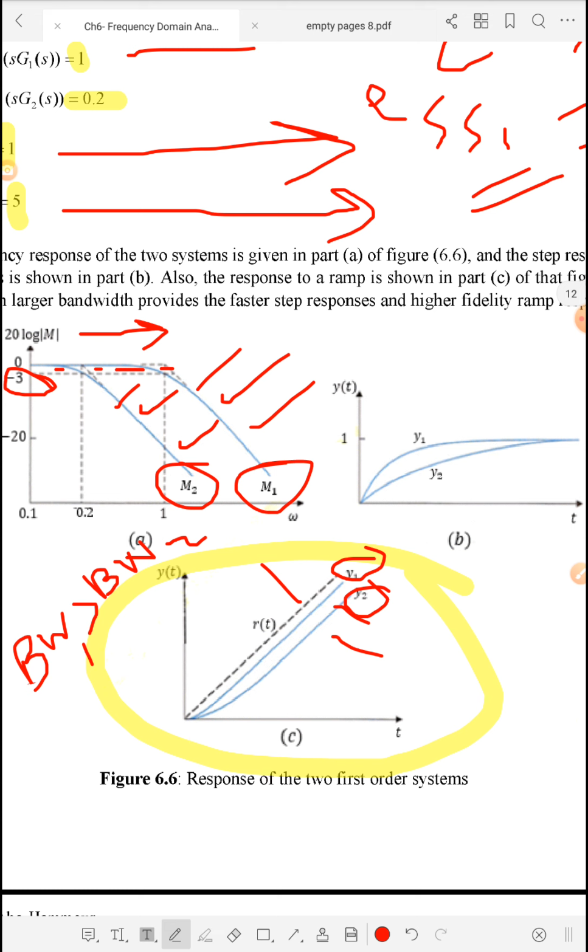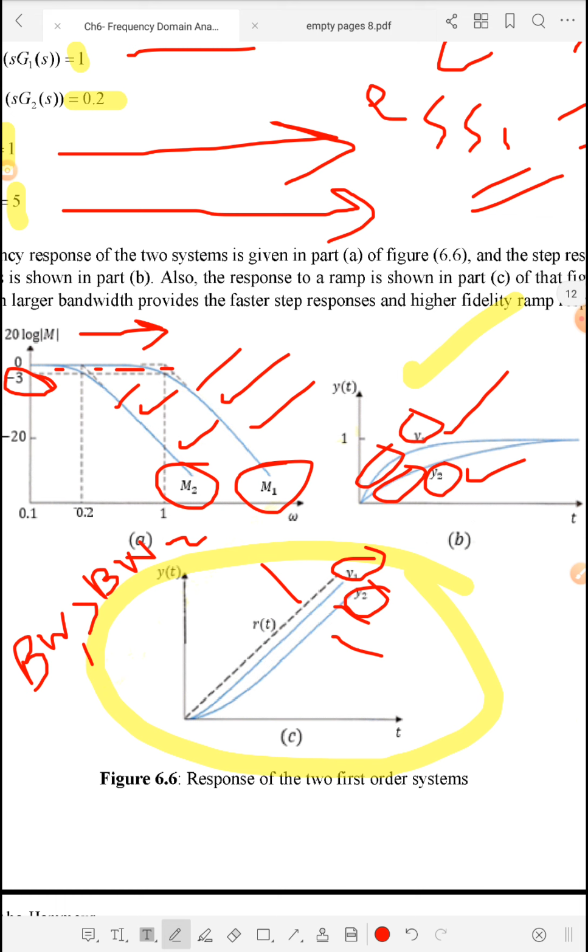Now let us focus on this graph, which is related to the response. So Y1 is the response due to the first transfer function, and this is M1 and this is M2. As I said, Y1 will have in its time response e to the power minus t, while Y2 will have e to the power minus 0.2t, and based on that Y1 will be faster than Y2, and this is related to the rise time here in this area or in this area.